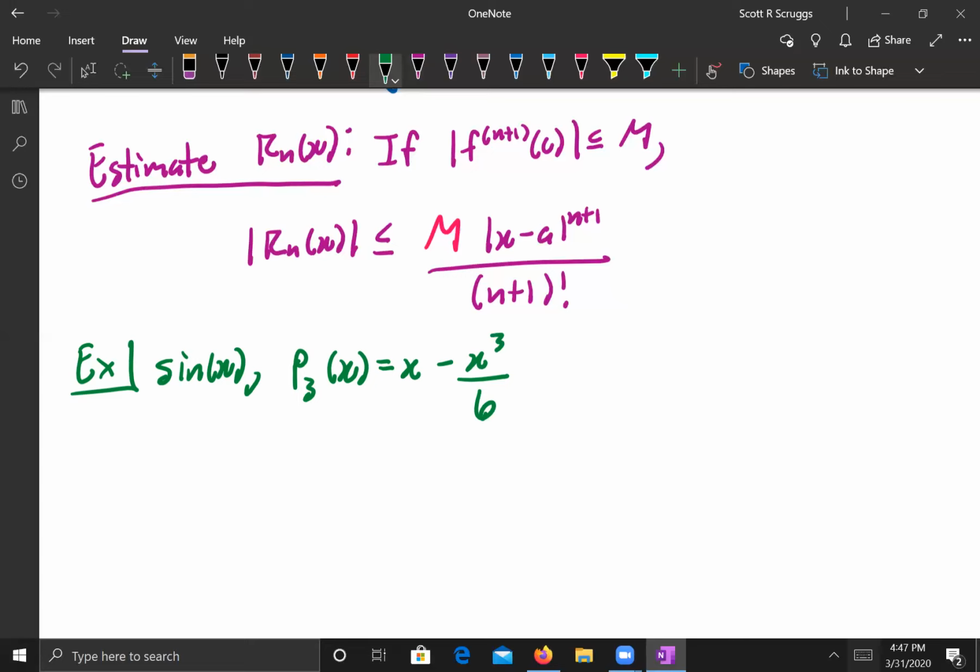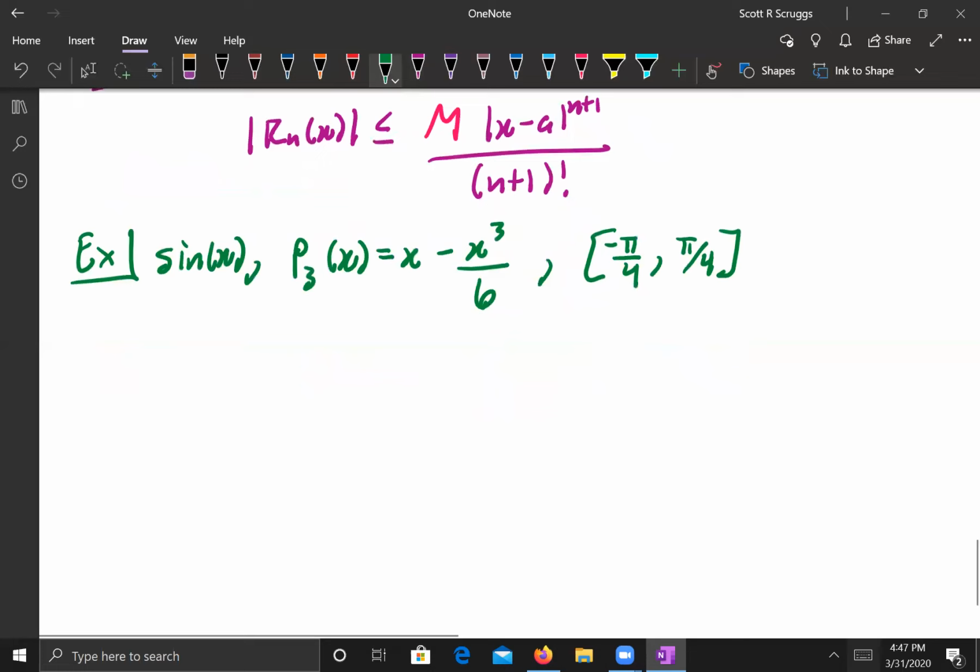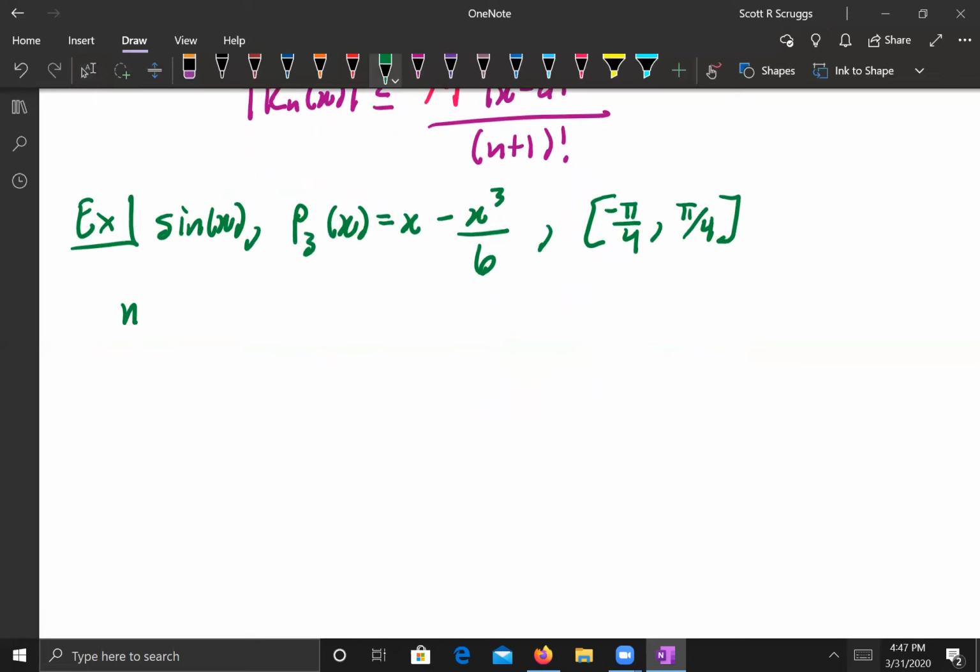And I'm going to say I am working in the interval negative pi over 4 to positive pi over 4. And so now my next thing is, how do I calculate that guy? So the first thing that I'm going to list out, I know that n is 3.